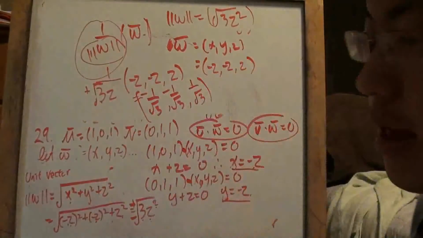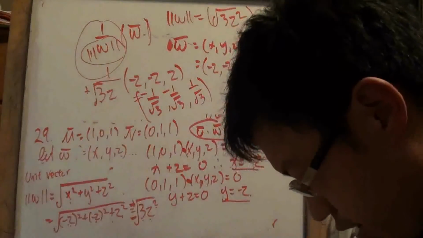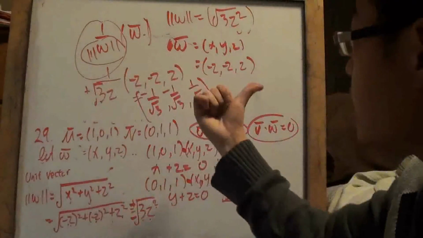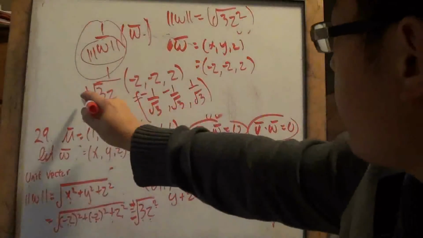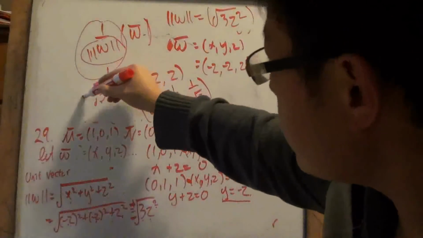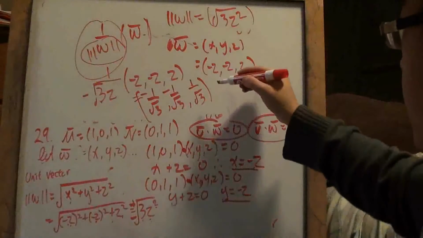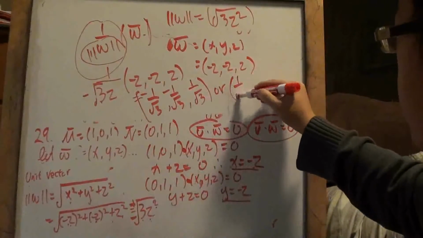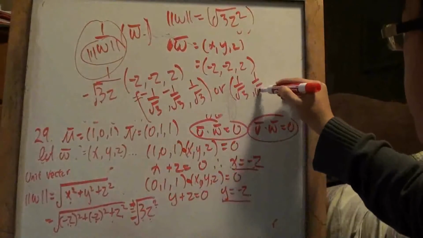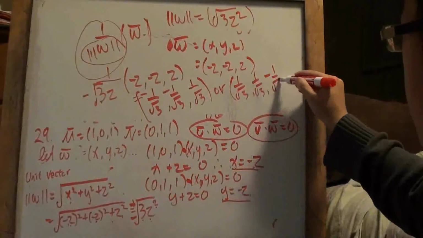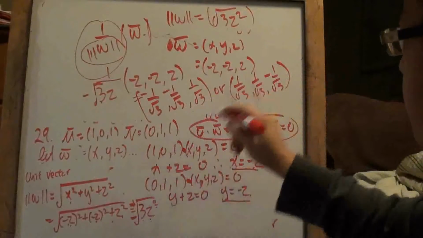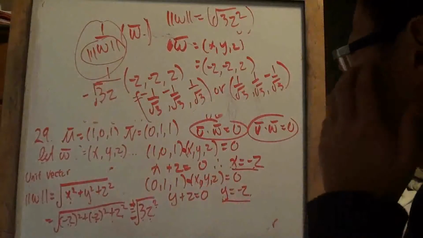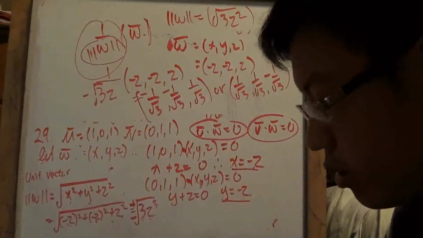You can have that, but remember, a vector can go in both directions. So if this was negative, we're just going to have the same thing but in the opposite direction, negative. That gives me these two, so those are the unit vectors.